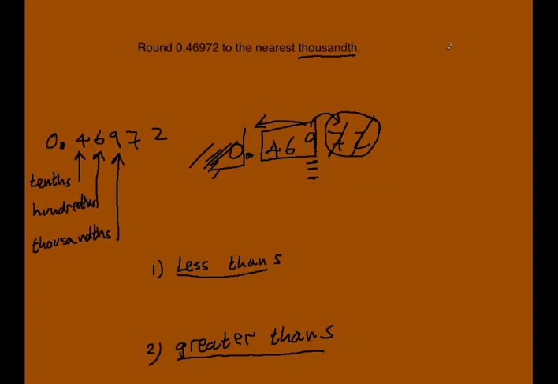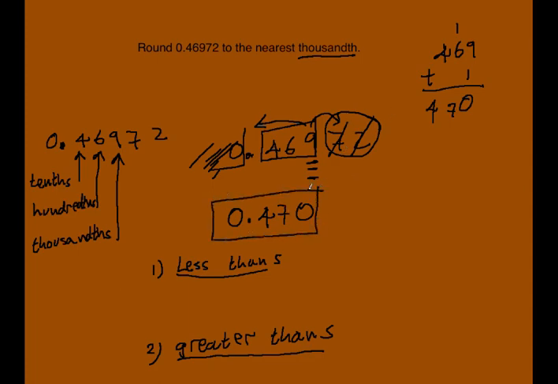So you will add 1 to 469. 9 plus 1 is 10, 1 plus 6 is 7, so 470. Again, the number to the right of the 9 is 7, which is greater than 5, so we add 1 to the 469. So we have 470 now, and we drop all the numbers to the right of the 9. So we drop the 7, we drop the 2. That will be your final answer here.